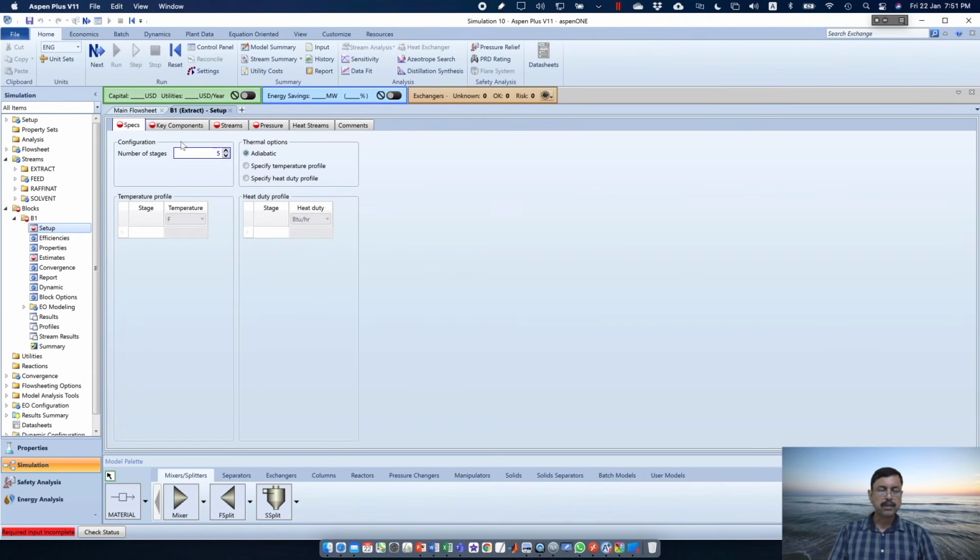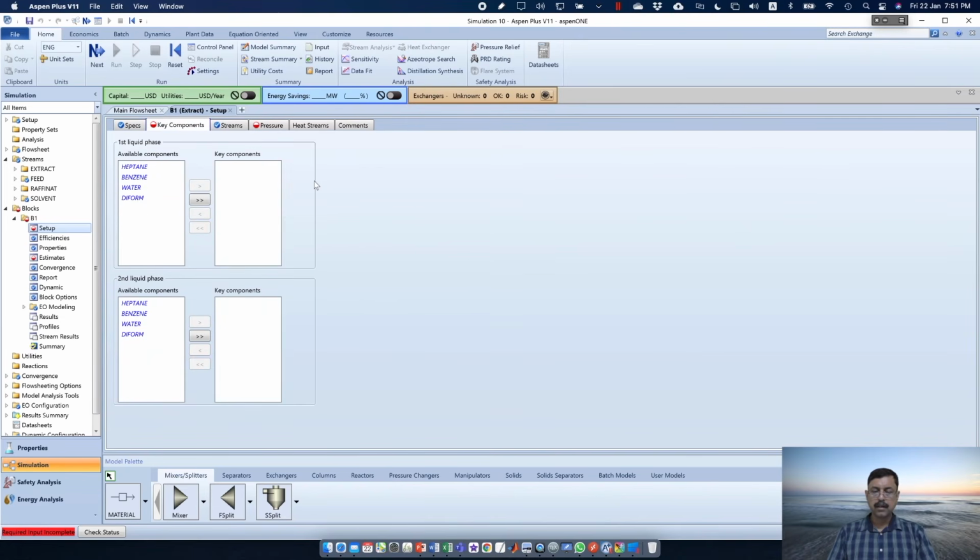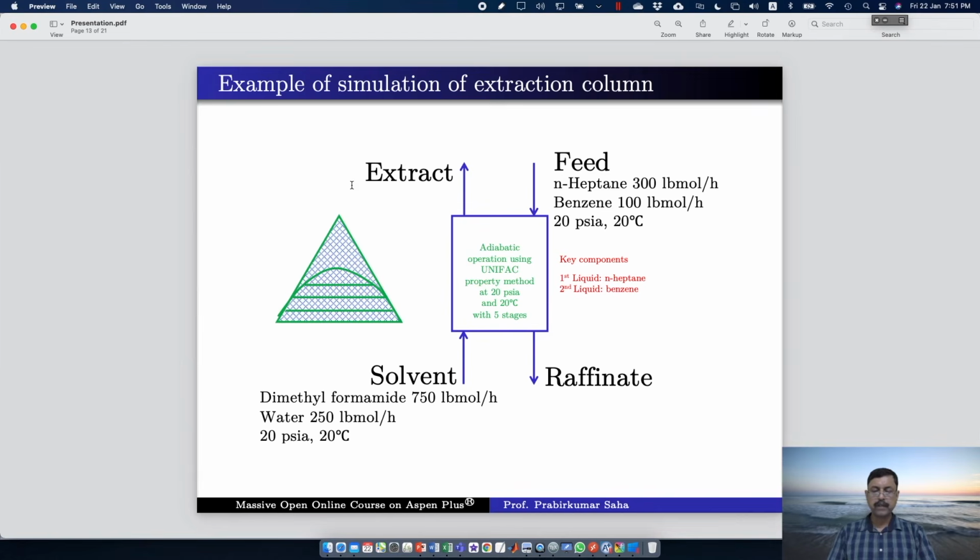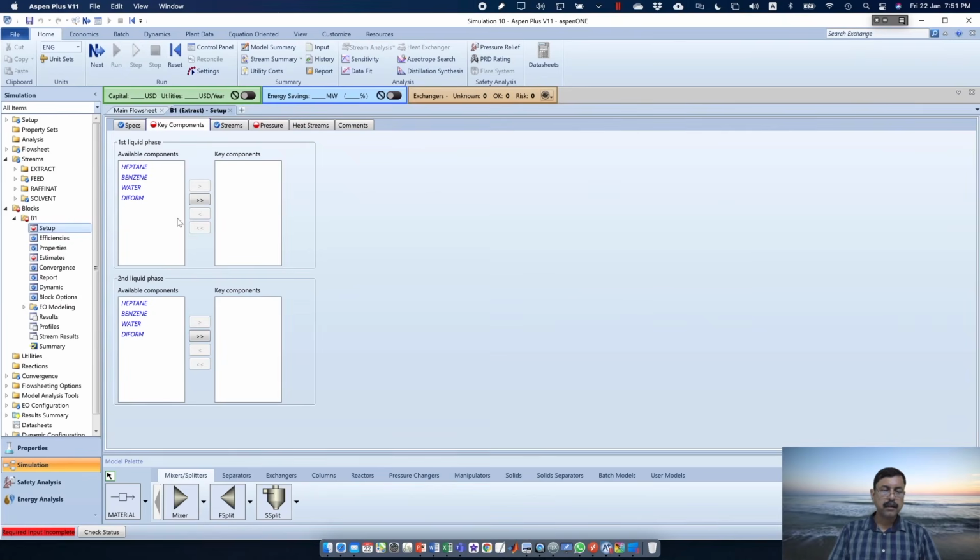So the number of stages is 5, and the thermal option is adiabatic. We can specify temperature profile and heat duty profile as well, but we are not going through that complication. Let us choose the adiabatic thermal option. Key component for first liquid is N-heptane, second liquid is benzene.